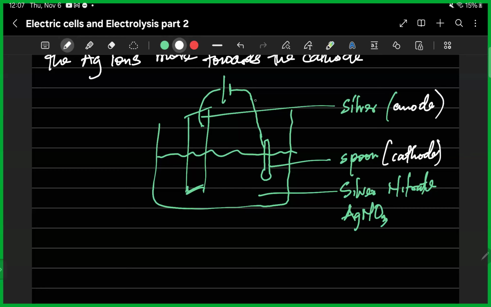When you connect them like that, electricity will move from the positive anode in that direction, and then we have exchange of ions. NO3 in this electrolyte will move like this.